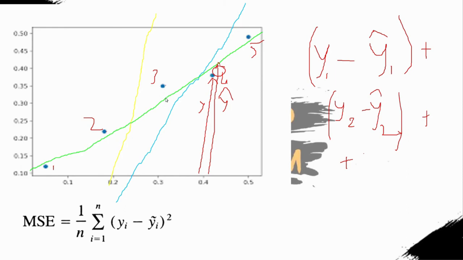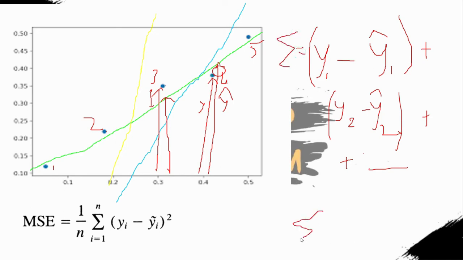If, for example, I predicted this, so this is my error. Now, if I add all these errors, let me call this sum sigma.